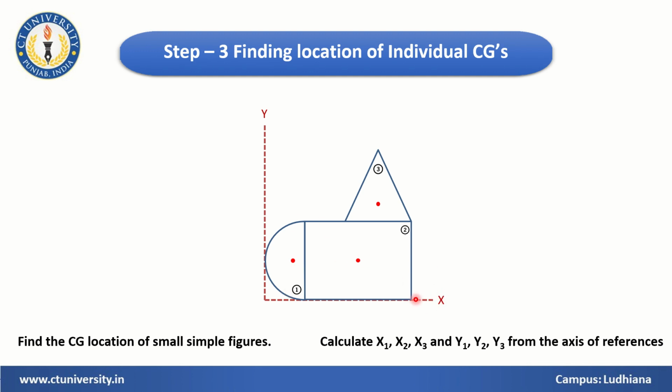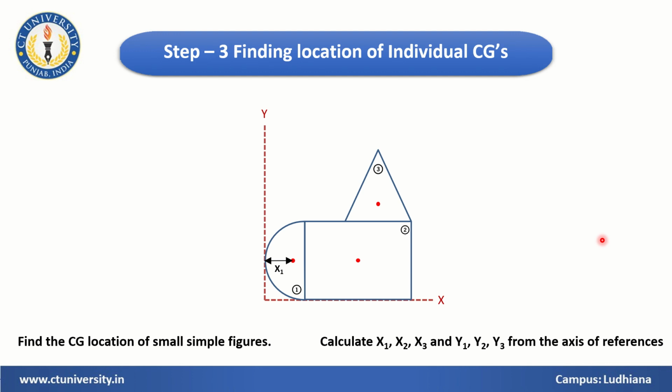Now we just need to find geometrically the distances x1, x2 and x3, right? This distance from the y line will be x1. So geometrically we need to find the distance x1.